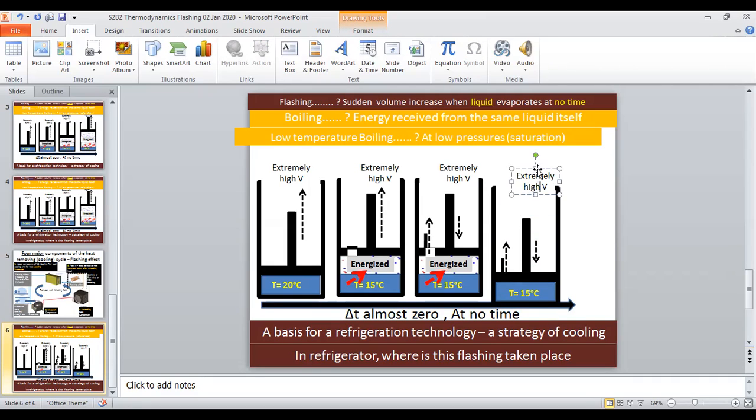So you can have it at high velocities. That is okay.